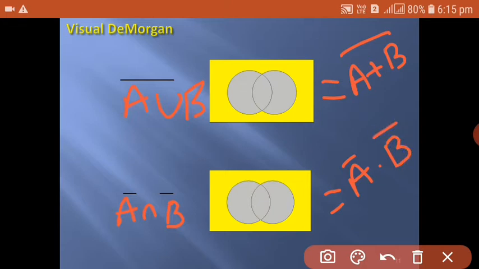So that means the A plus B whole bar Venn diagram is equivalent to the A bar into B bar Venn diagram, because the A union B whole bar Venn diagram is equivalent to the A bar intersection B bar Venn diagram. So that's why it is the proof of De Morgan's first law with the help of Venn diagrams.